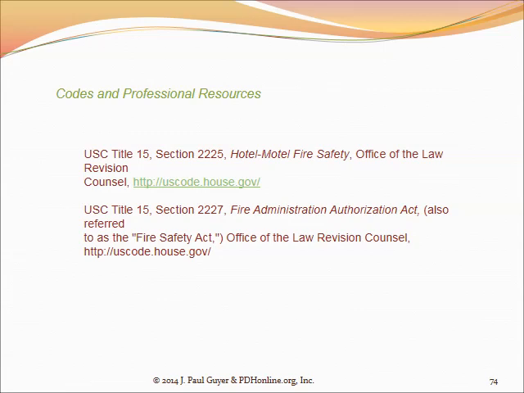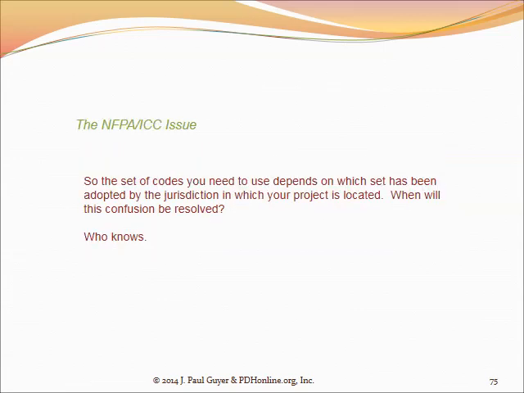But as an example, the United States Code, the federal codes, do get into fire protection issues. So as you can see, and as I think I indicated at the start, the fire protection engineering enterprise is highly driven by codes, and the codes are what you are going to be turning to almost continuously when you are designing the fire protection features for a building.